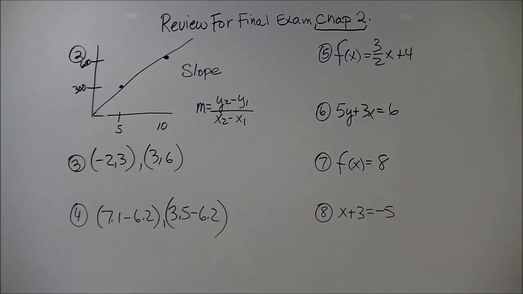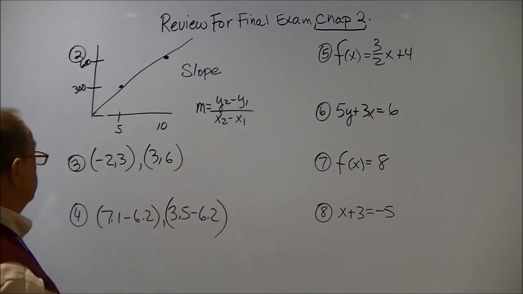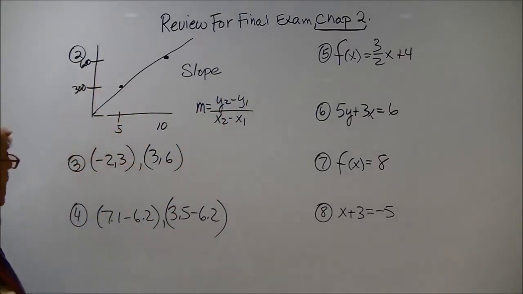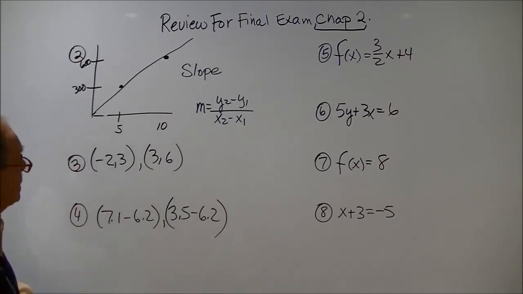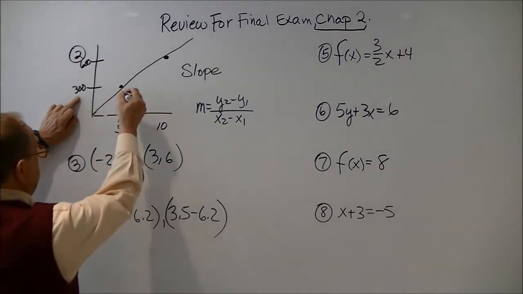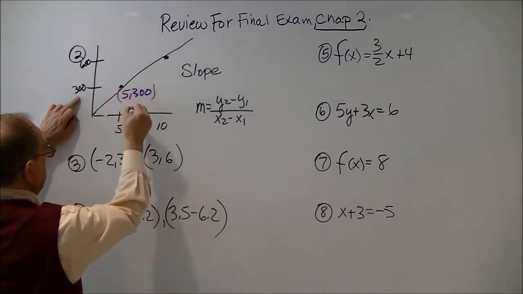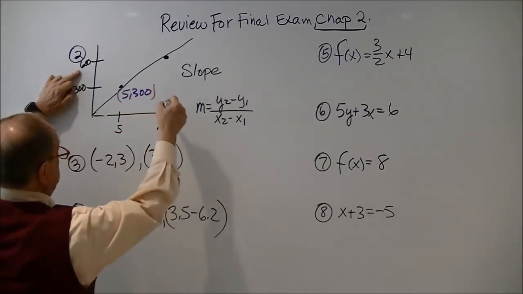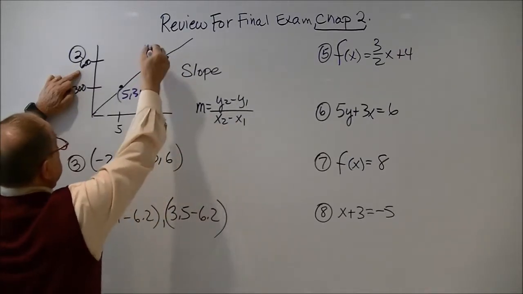Okay, moving on to number 2. What we're asked to do here is to find the slope of this graph. And again, on the graph paper, it looks a little better, but here we see this point is going to be (5, 300). And this point's going to be (10, 600).